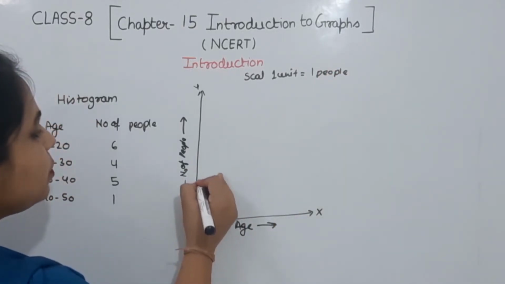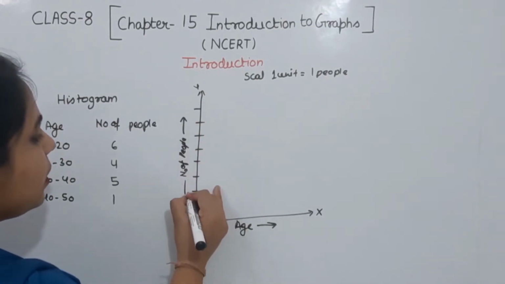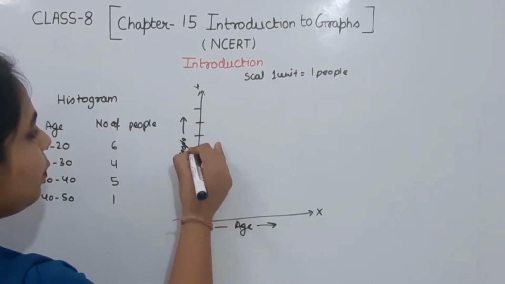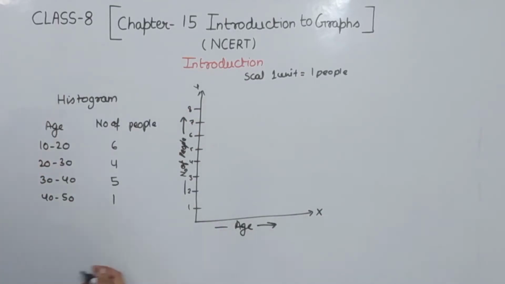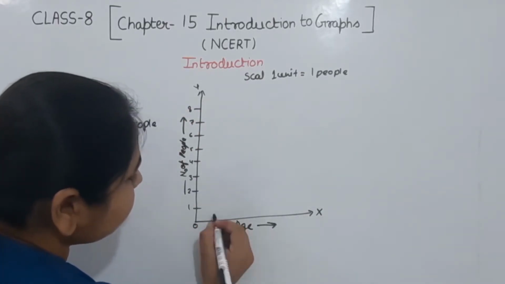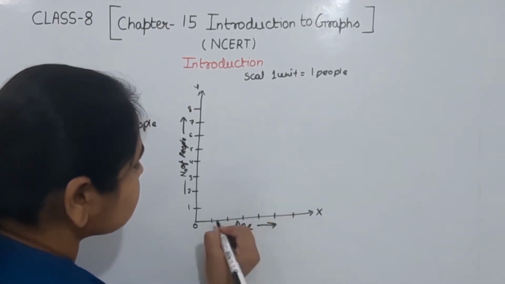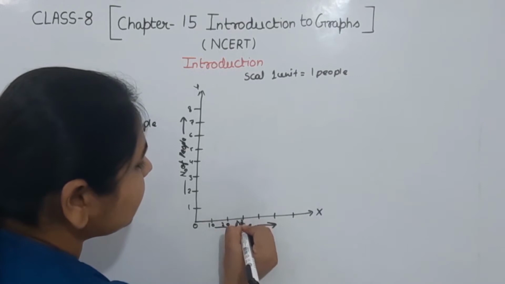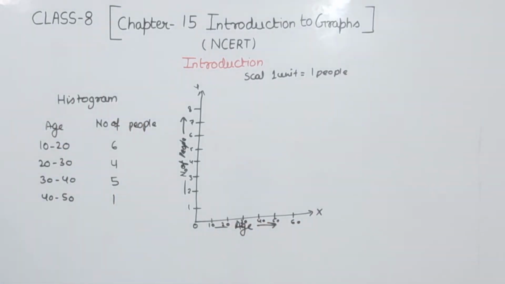This is 1, 2, 3, 4, 5, 6, 7, 8. Now I am going to show the age here, starting with 0, then 10, 20, 30, 40, 50 and 60. So this is the x-axis and the y-axis.